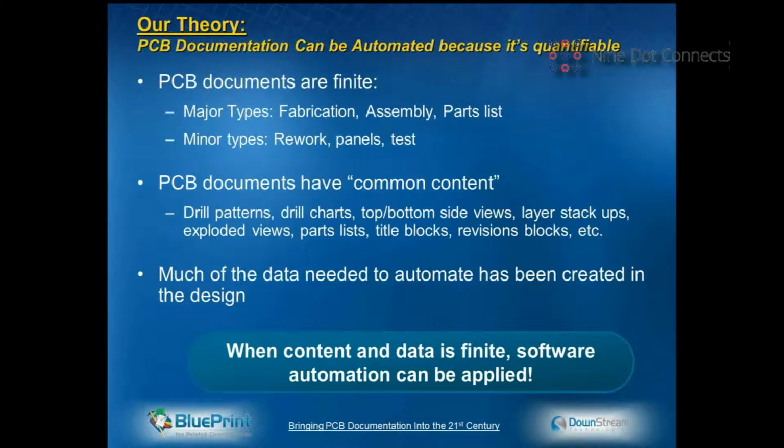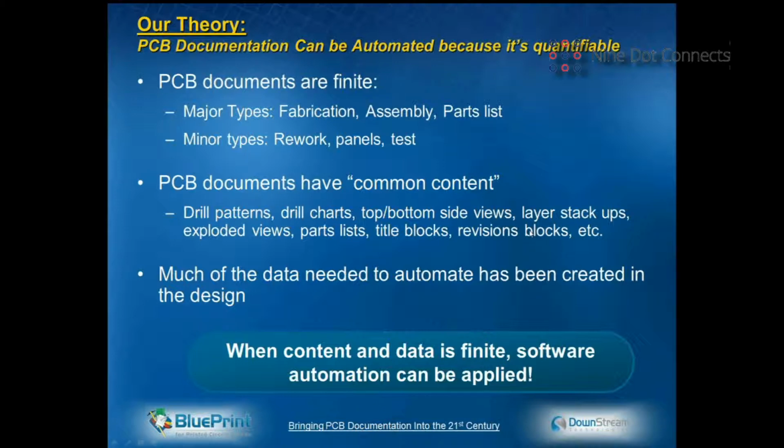We just need to find a way to leverage that design to show these various views. Because we have finite items to create, and we already have the data to create them, we can use automation to create a lot of the common documents that people use in the PCB design cycle.